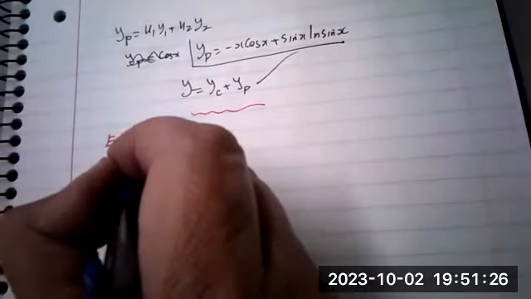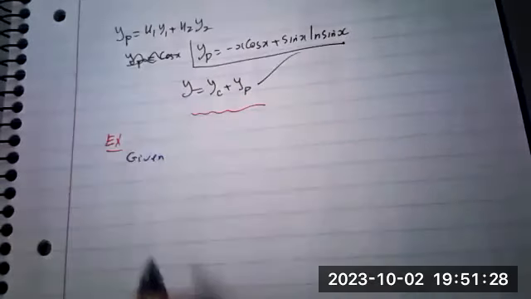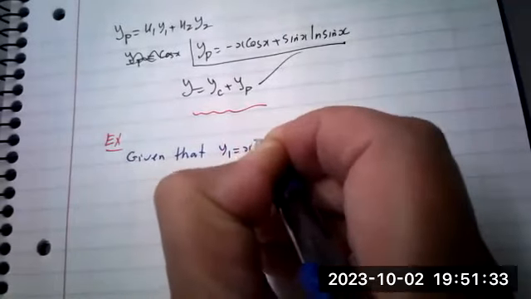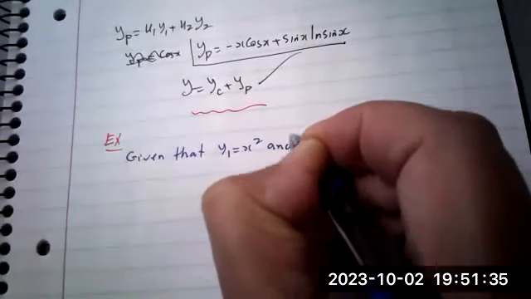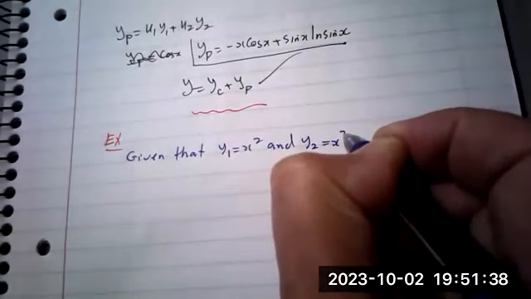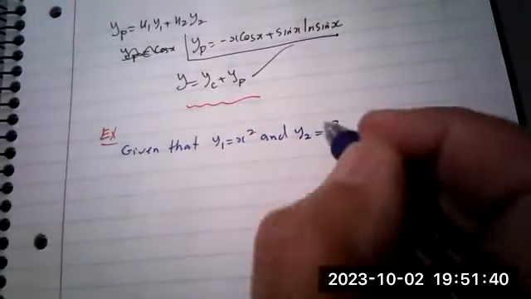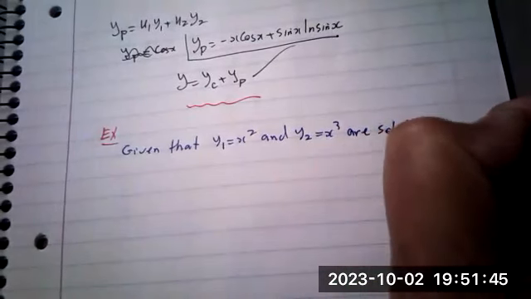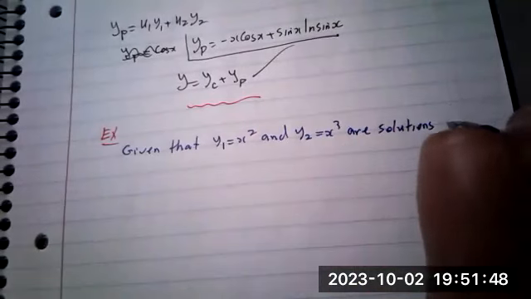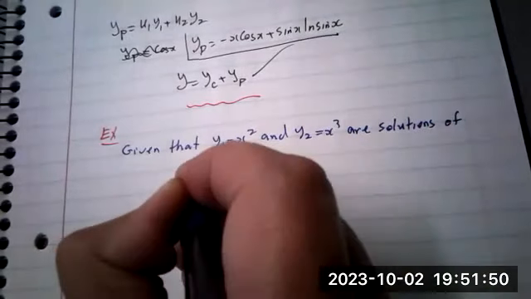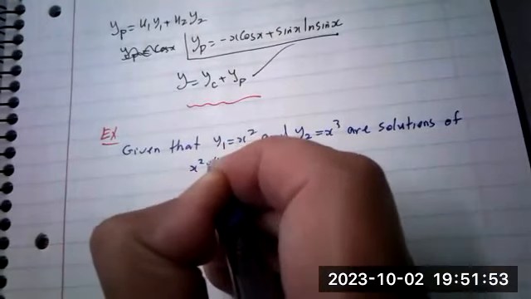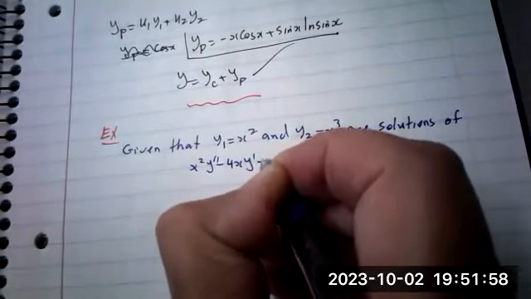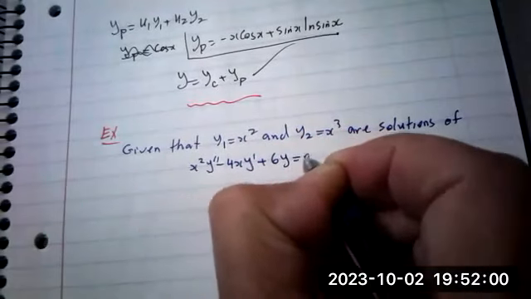Given that y1 is equal to x squared and y2 is equal to x cubed are solutions of this equation: x squared y double prime minus 4x y prime plus 6y equal to 0, and x is positive.